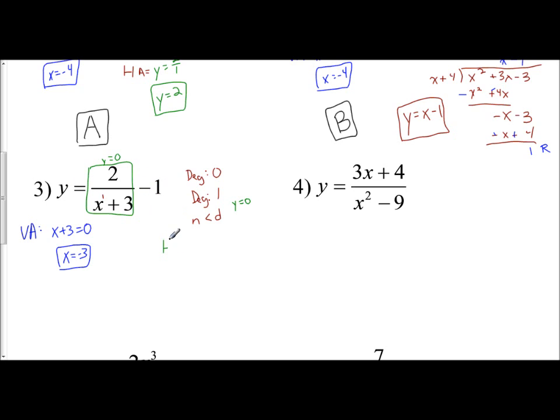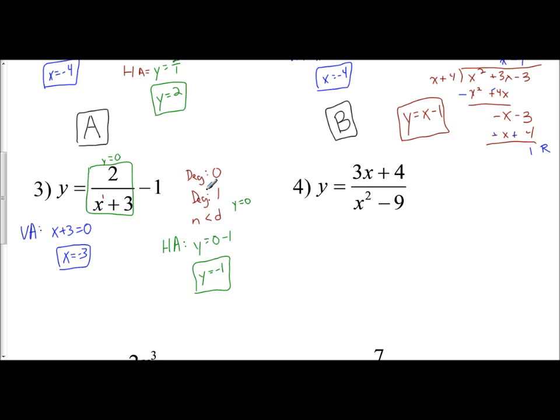And so therefore my horizontal asymptote is y equals 0 minus 1. So y equals -1. So if you have a constant after your rational function, you need to realize you're identifying the horizontal asymptote of the rational part. And so the horizontal asymptote of the whole equation, you're going to have to take that constant in consideration for it. So y equals -1 is my horizontal asymptote.